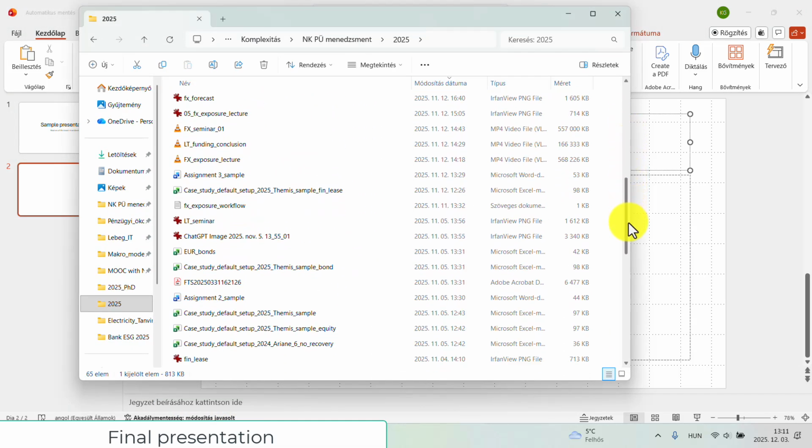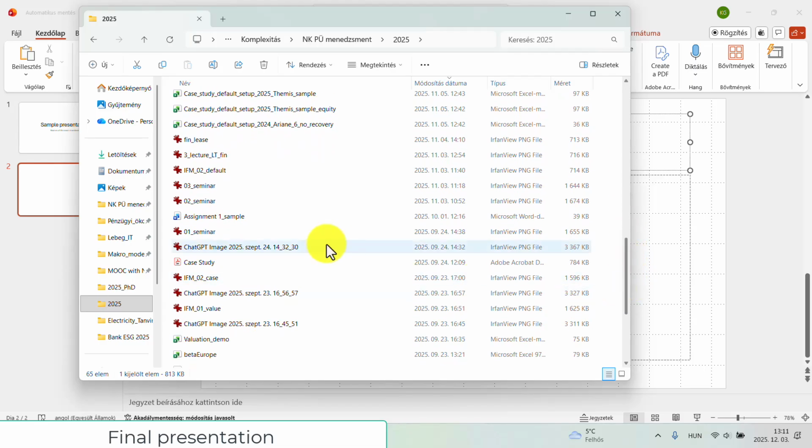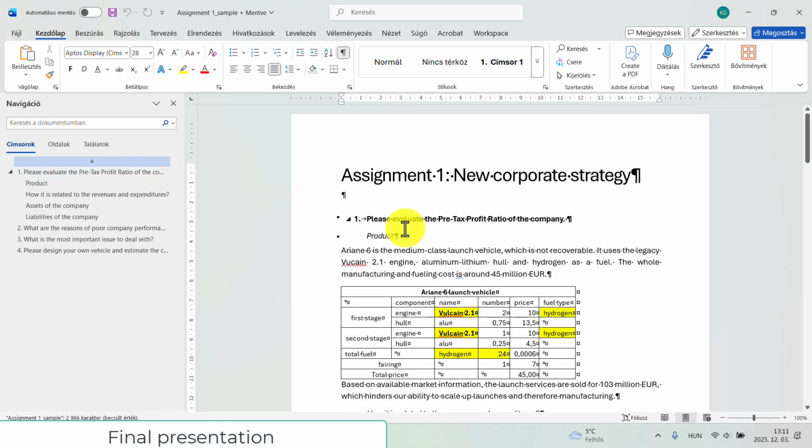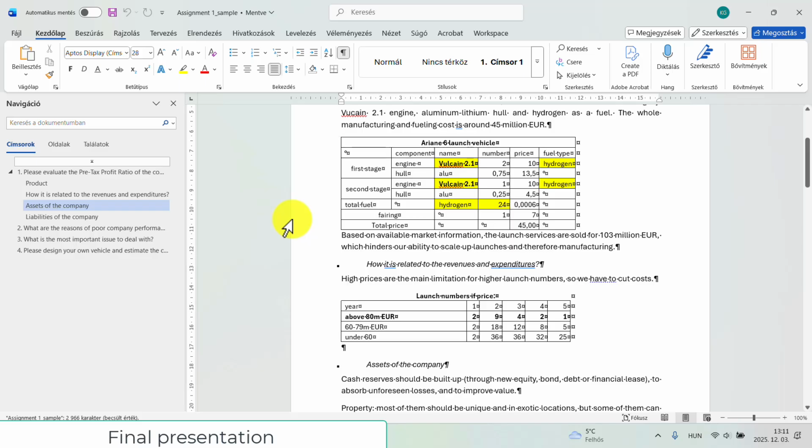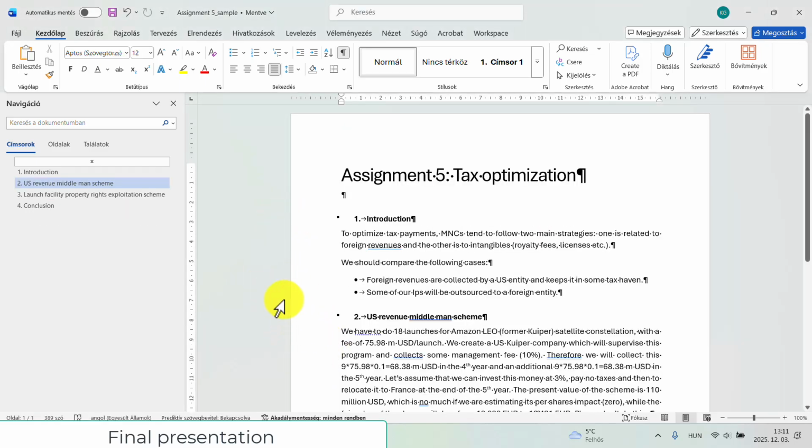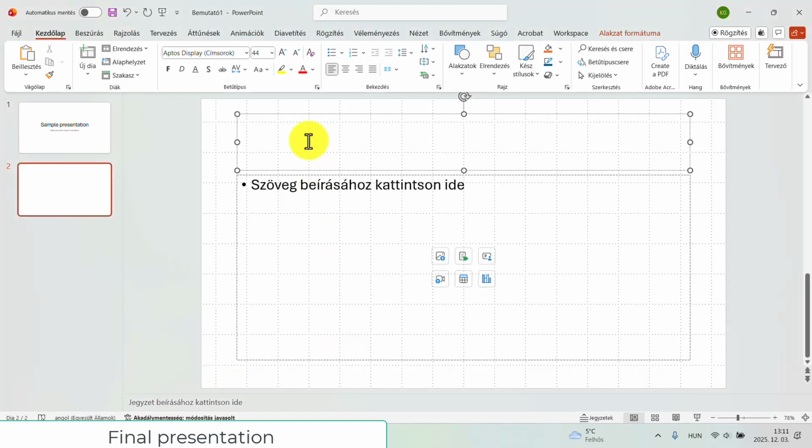So, assignment one, new launch vehicle design.